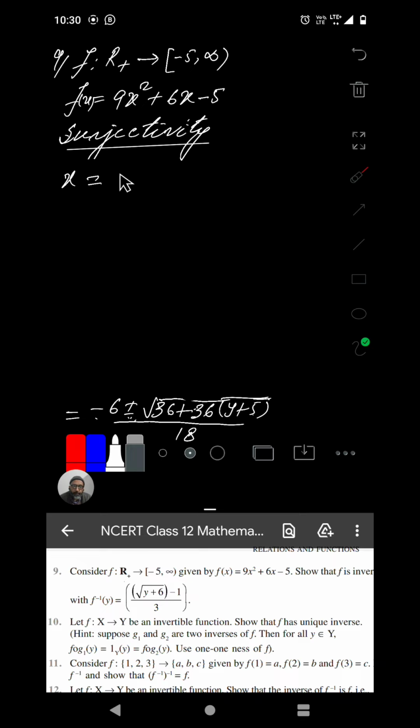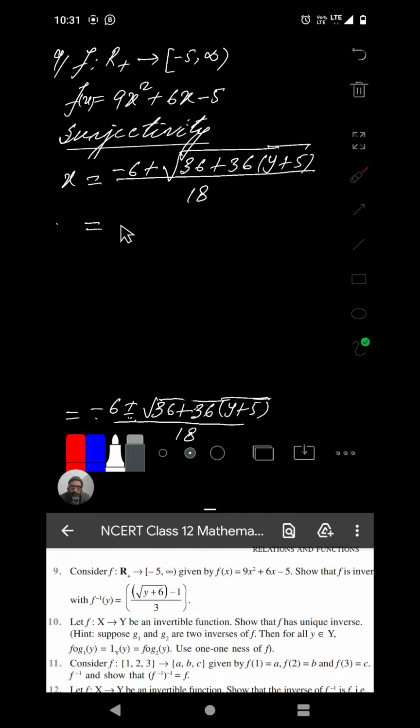So we may write it as minus 6 plus under root 36 plus 36y plus 5, divided by 18, or minus 6 plus, 36 can be taken out as common, so under root 36 becomes 6 outside, and under root 1 plus y plus 5, divided by 18.